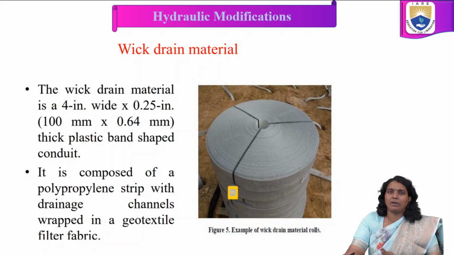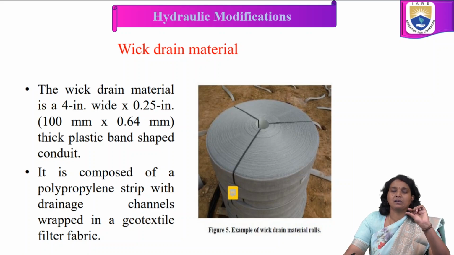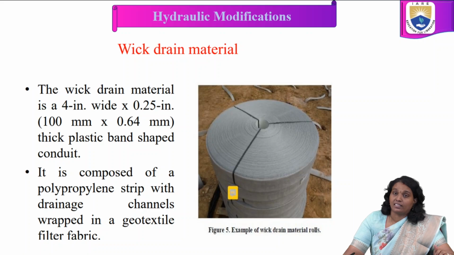So this is the wing drain material which we use. The wing drain material is a 4-inch wide and 2.5 millimeter thick plastic band shaped conduit.